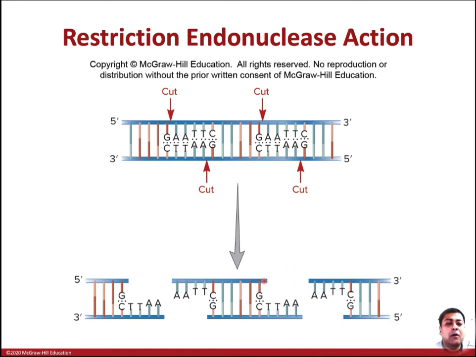So now, if your gene of interest is in the middle, having a restriction site at each end of it, and the vector where you are going to put your gene of interest has a restriction site, it makes it easy to cut and then paste these DNA molecules. So that's the advantage of these restriction endonucleases.